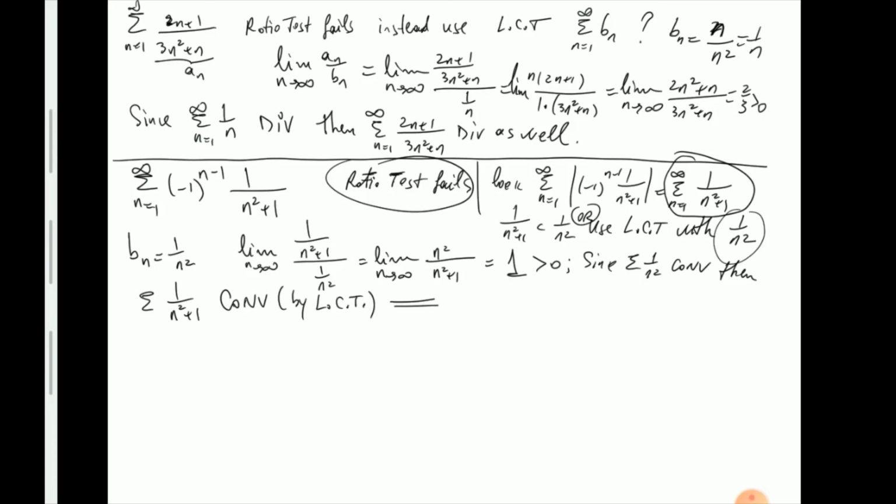And then that means the original series, the alternating series, is absolutely convergent, right? I don't have to use any different test just for the alternating series, because I proved directly using the limit comparison test that it is absolutely convergent.